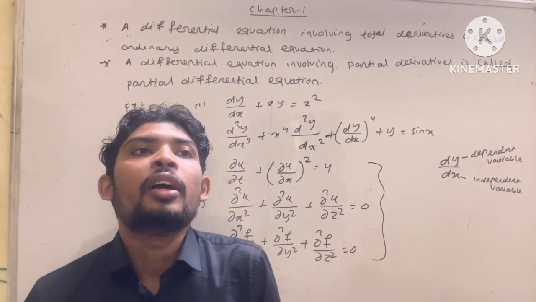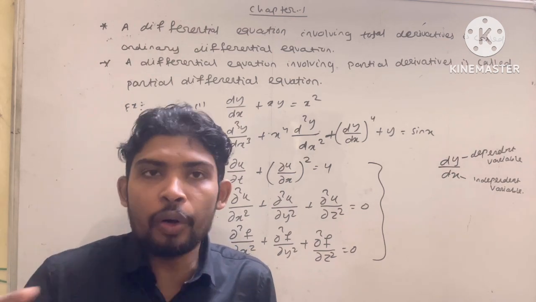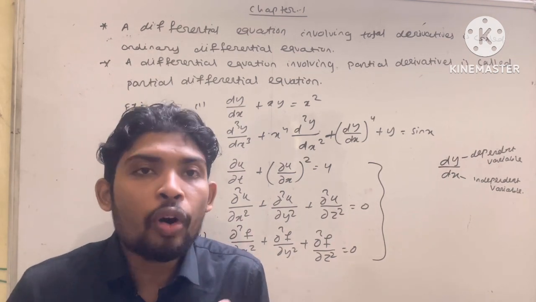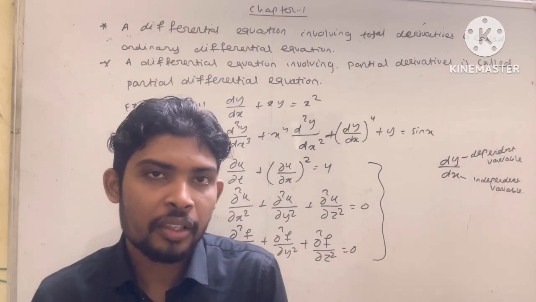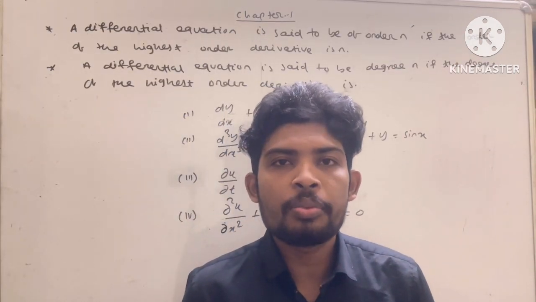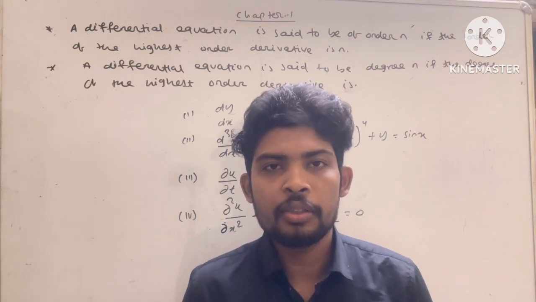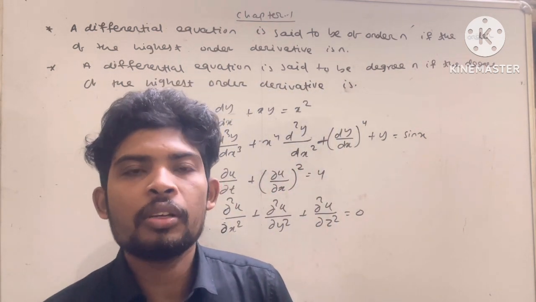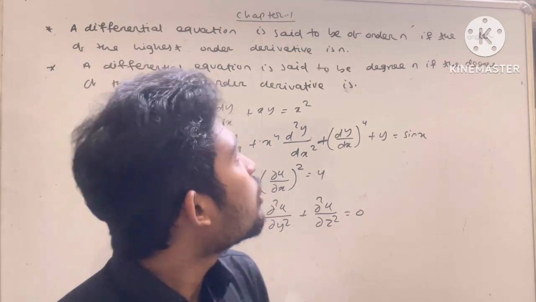So let's talk about more classification of differential equations on the basis of order and degree. Now we classify the differential equations on the basis of order and degree. First of all, understand what is the order and what is the degree of a differential equation.